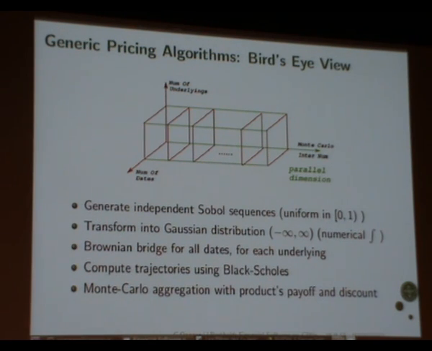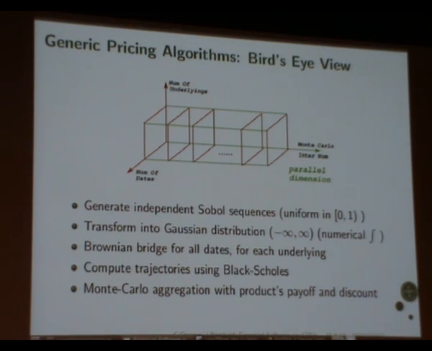Then we use a Brownian bridge to correlate all dates for each underlying. And then we correlate among different underlyings using Black's calls. And finally, we apply a Monte Carlo aggregation with product, payoff, and discount in order to average things out to get a good approximation.